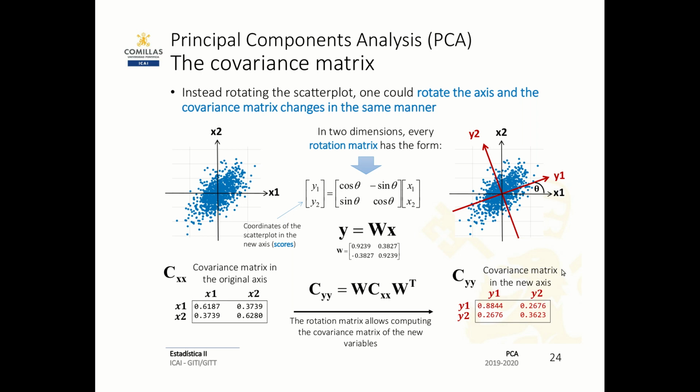Then we can make the off-diagonal terms much smaller, or at least smaller. And we can find the exact rotation that makes y1 and y2 independent from each other.